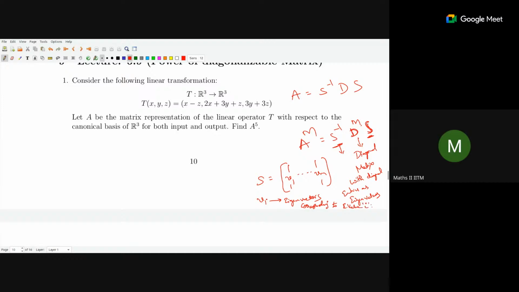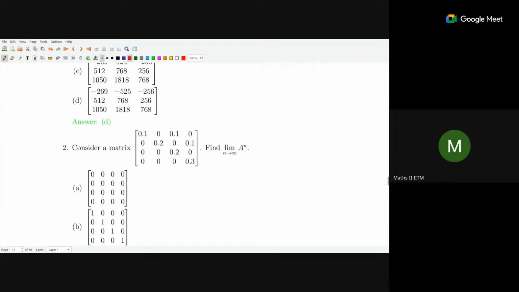So this is the same thing which we learned in 2 cross 2. Even in higher dimensions it is the same.